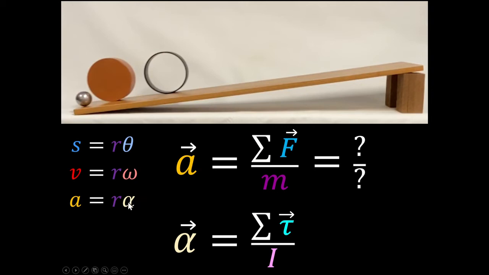If we measure an angular acceleration in radians per second squared, and then multiply by the radius, we would get a tangential acceleration in meters per second squared. Okay, so just converting an angular to a tangential or a linear. So if we calculate its angular acceleration, we would just have to take the angular acceleration and multiply by the radius to get the tangential acceleration.